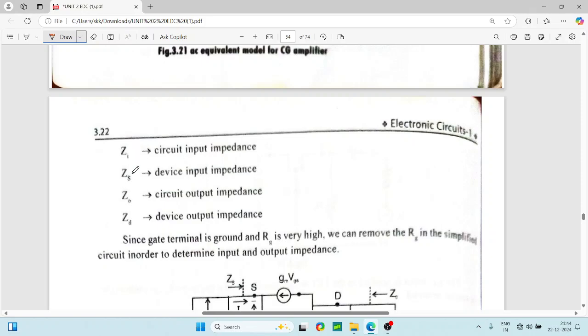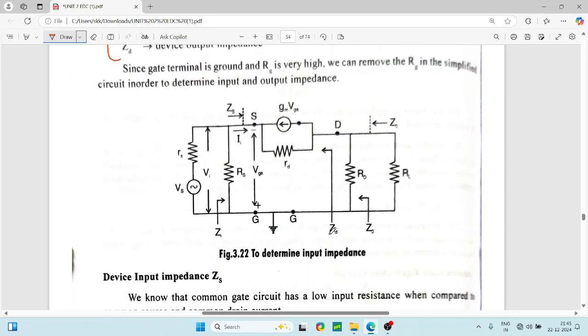ZS is the device input impedance, Z0 is the output impedance, and ZD is the device output impedance. Whatever you put, A, B, C, D, just represent it and indicate it. Don't think this is the only formula or format. You can assume any notation, but indicate it in the place. Okay, right. Then same thing, nothing else. So ZI input impedance, ZG, ZD, ZO are all marked here. ZS is the device input impedance, as we put earlier, right?